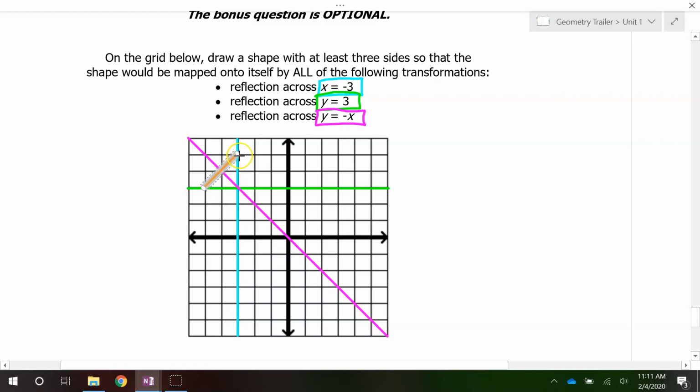Okay, so how about if I do like this? Okay, how about if I go like this? All right, now I'm looking at the blue line. Okay, so far, so good.